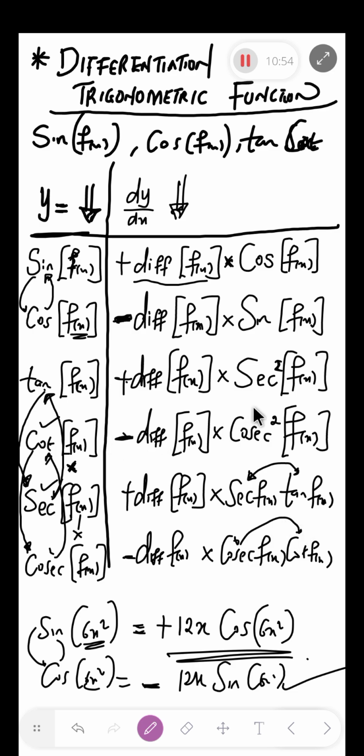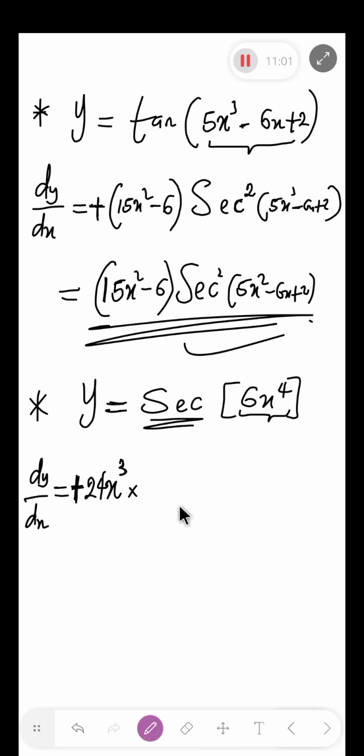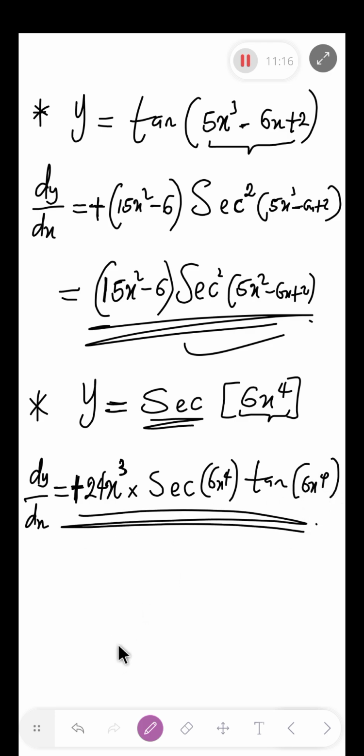For cot, it is cosec square. For tan, it is sec square. So it's very easy to memorize. If you understand that clearly, then you should be able to apply it here. For sec, you know that is the combination of sec and what? And tan. So just fill it into this same function. So this is my final answer here. Simple as ABC. That's how it works.